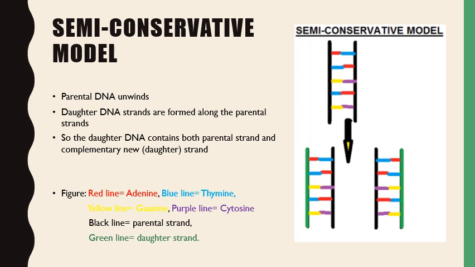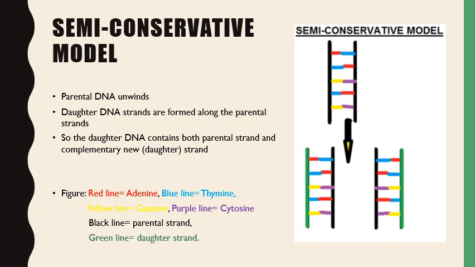So the parental strand is combined with the daughter strand in the daughter DNA molecules. This is the basic concept for the semi-conservative model of DNA replication, that the parental DNA unwinds, and when this unwinding begins, the daughter DNA strands begin to form along these unwinding DNA strands.